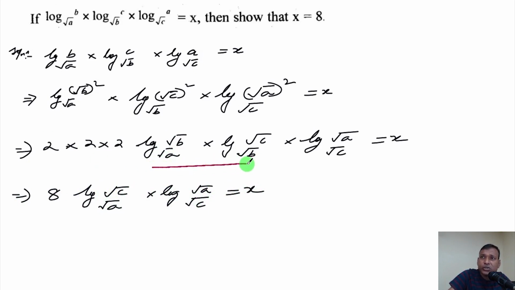Here in these two, I have used this property: log a to the base m into log m to the base b. If it is in this form, we will write log a to the base b, as m and m cancel. Now here we will use this property.